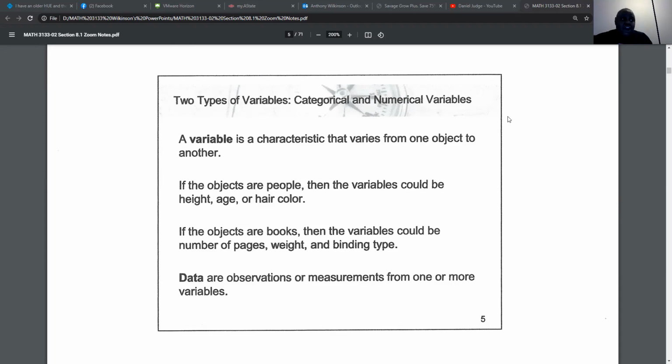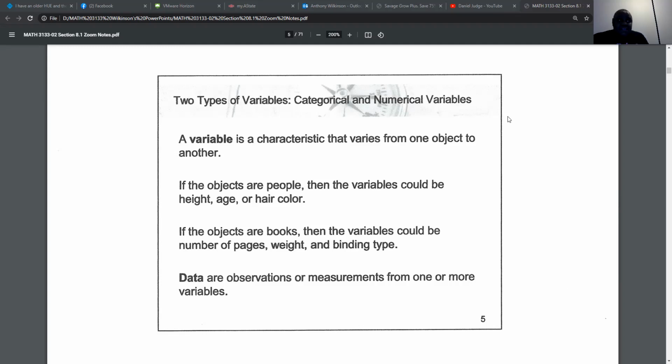So if the objects are people, then variables could be things like height or age or hair color, okay? Because those vary from people to people, from one person to another. Now, if the objects are books, then variables could be things like the number of pages in one book, the weight of the book, and the binding type. It could be a hardbound or paperback, for example.